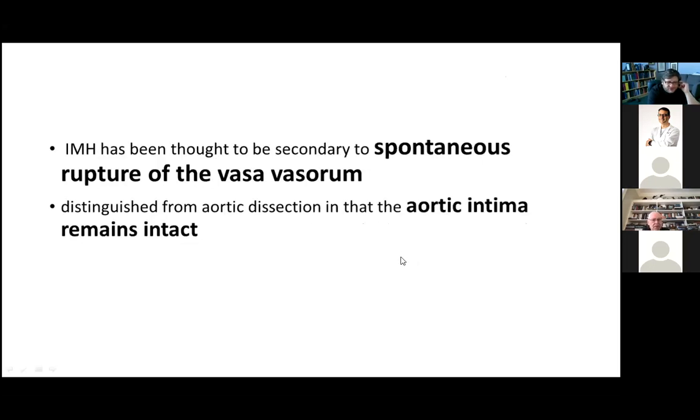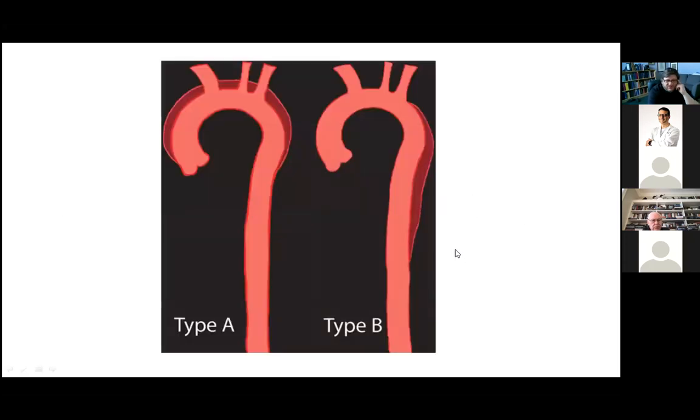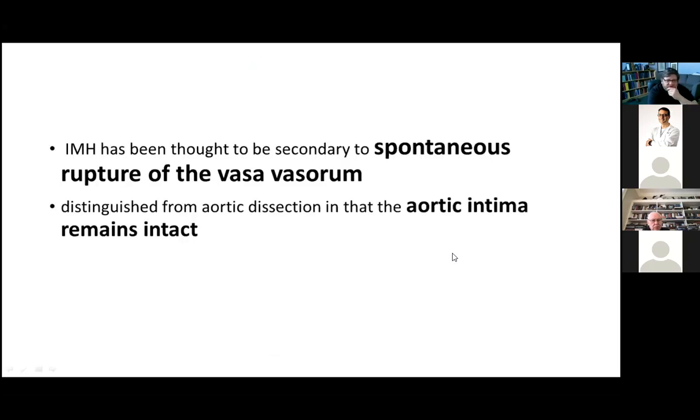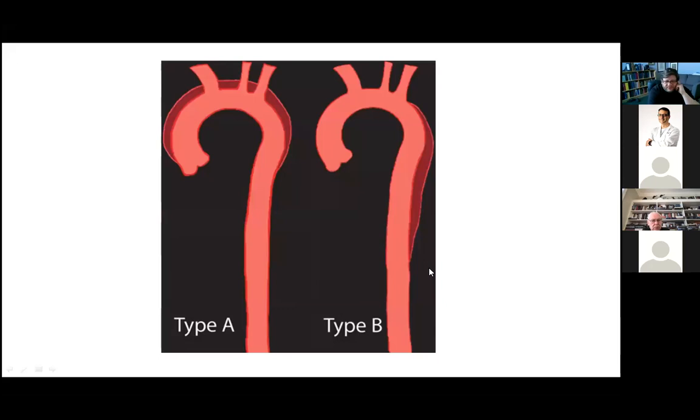Intramural hematoma has previously been thought to be secondary to spontaneous rupture of the vasa vasorum, and I'll go through some photos of that. It is classically distinguished from aortic dissection in that the aortic intima itself remains intact.